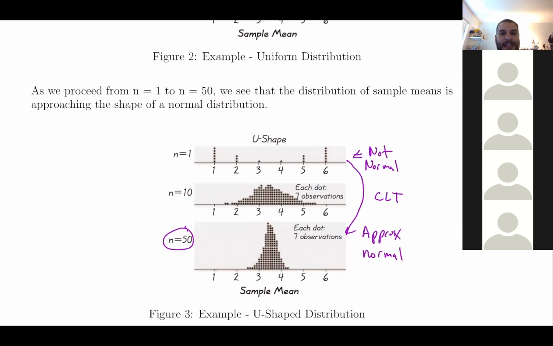If n is greater than or equal to 30, then any data set is approximately normal. It doesn't matter if it's skewed to the left or skewed to the right. If we start taking a random sample of 30 or higher, it's eventually going to become approximately normal. Okay, thank you. All right, so let's scroll on down.